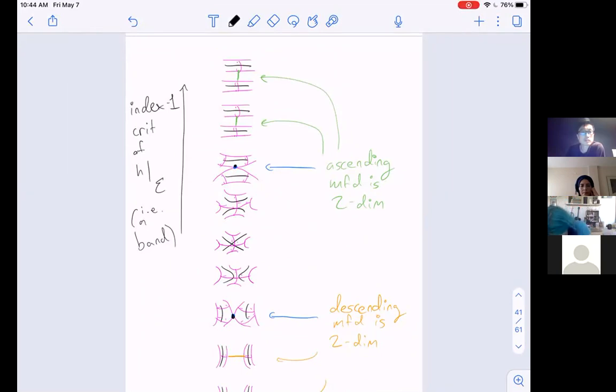The point is that if we look in the complement of the surface, so here in pink, I've drawn a neighborhood of my surface. Then if we look at everything above and everything below an index 1 critical point, both of those things are 2-dimensional. So here I said the ascending manifold is 2-dimensional.